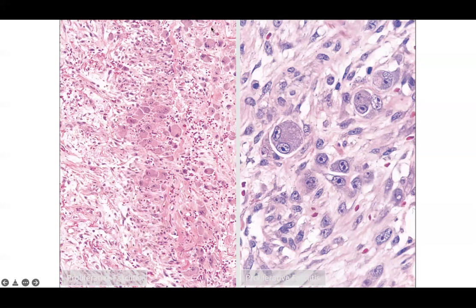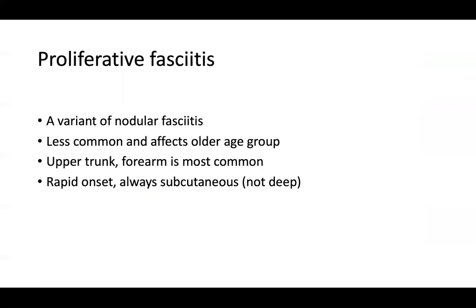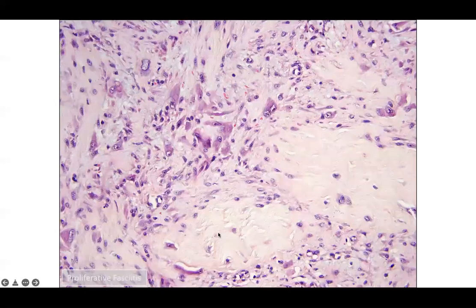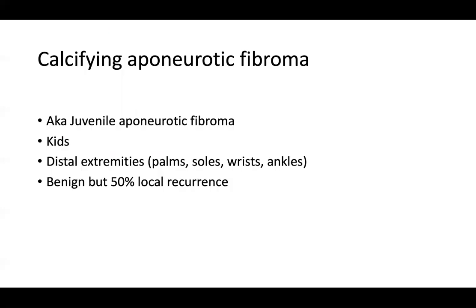And if you see this proliferation of ganglion-like giant cells, and it fits the whole clinical picture of being on the upper trunk or forearm with a rapid onset, and it's presenting in a subcutaneous deeper area, you can think about proliferative fasciitis.